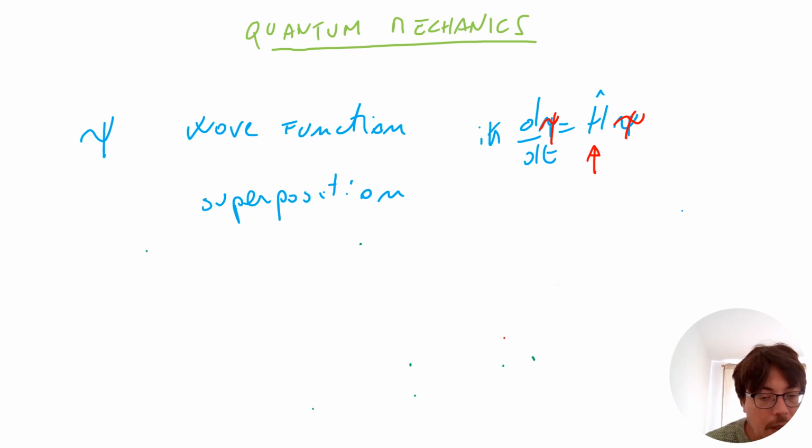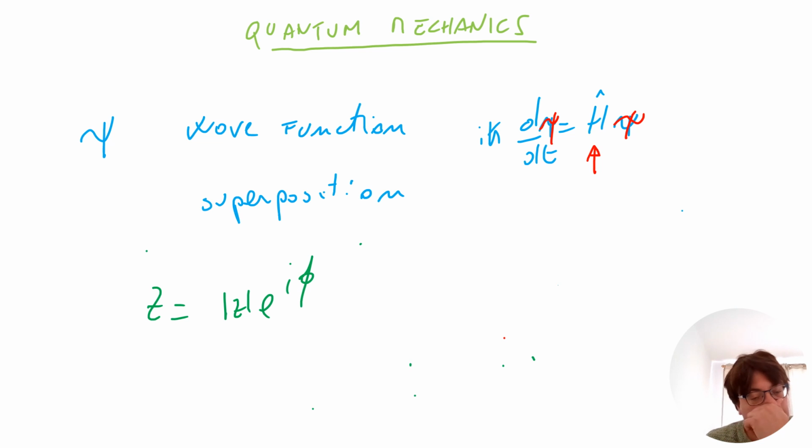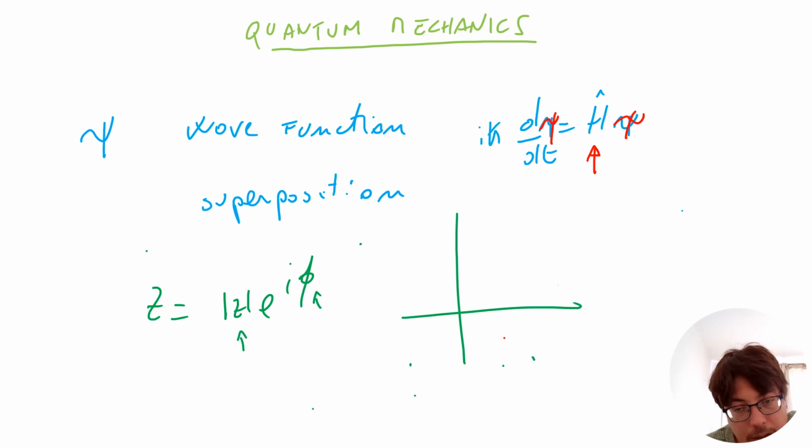In fact, if you think about a complex number z, usually it's the modulus of z times e to the i phi. It's expressed by two real numbers: the modulus, the length, and the phase. We know that a complex number can be thought of as a vector with an angle.